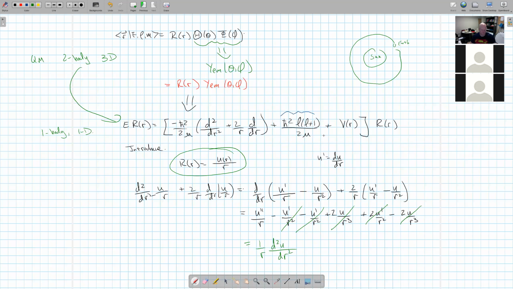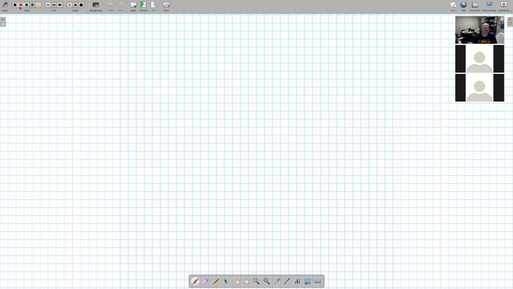Using this, finally we can reduce our differential equation to minus h bar squared divided by 2 mu times the second derivative with respect to r, plus L times L plus 1 times h bar squared divided by 2 mu r squared, plus the potential, which depends only on r, all acting onto u of r, which is equal to E times u.